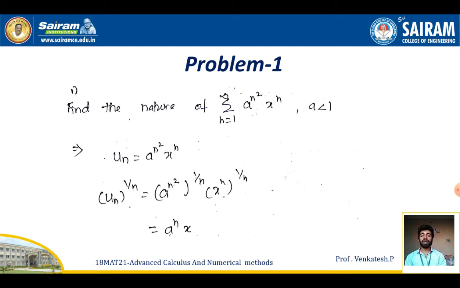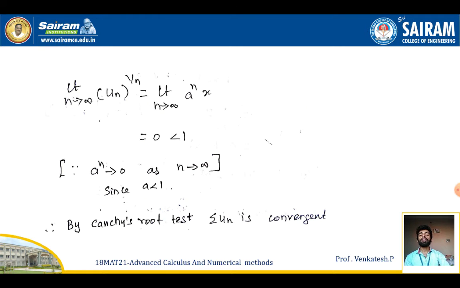Now for this function I apply limit n tends to infinity on both sides. So limit n tends to infinity un power 1 by n, the Cauchy's root test formula, is equal to limit n tends to infinity a power n x. Since the value of a is less than 1, a power infinity is obviously 0.